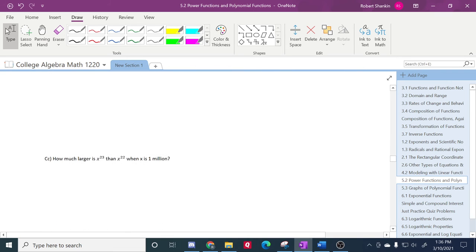How much larger is x to the 23rd than x to the 22nd when x is 1,000,000? Type that into your group chat.